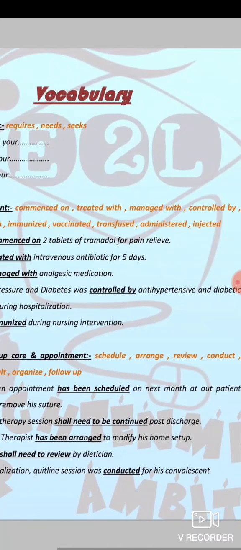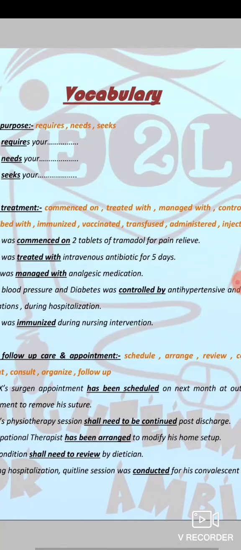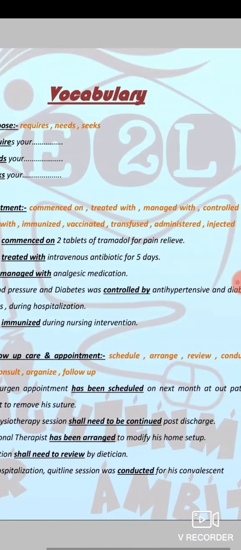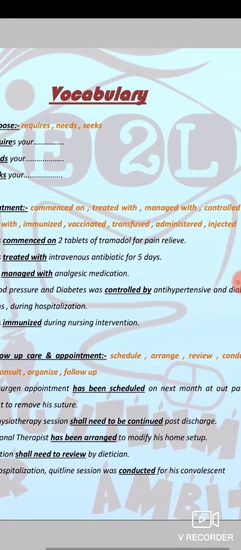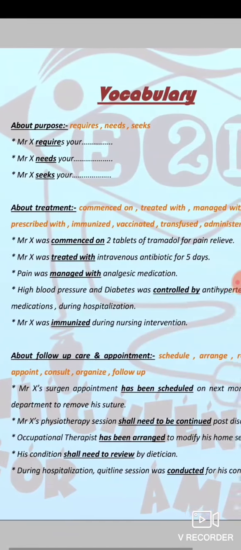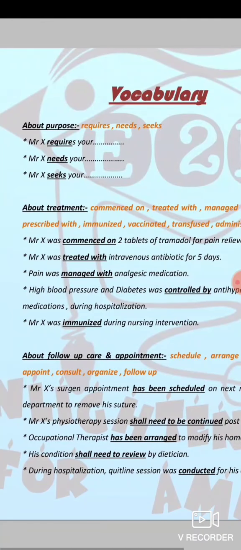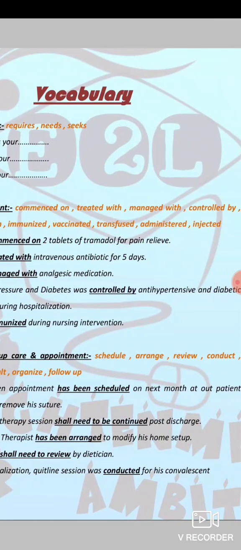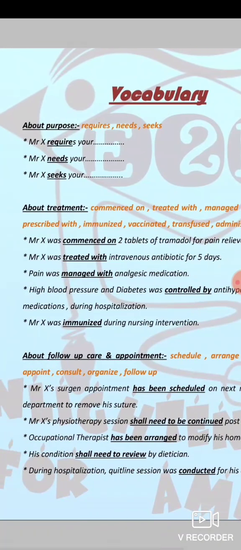Next vocabulary is controlled by. Controlled by means you are controlling some symptoms with a particular medication or particular plans. For example, high blood pressure and diabetes were controlled by antihypertensive and diabetic medication during hospitalization.